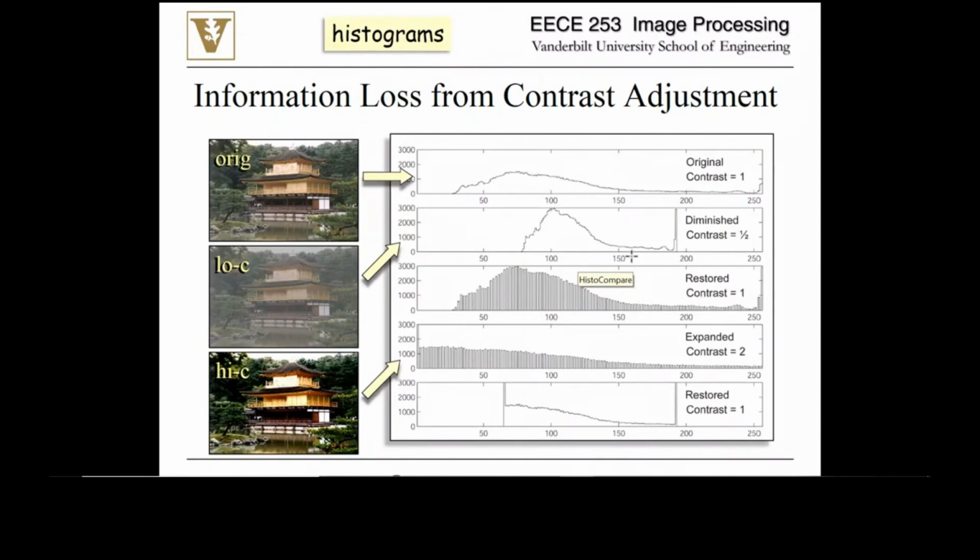So what we get is similar to which one? To this one, the second, or the first? Yeah, it is similar to the first because it has in principle the same contrast, but because of this saturation at 0 and 255, we have the same problem that we had before.